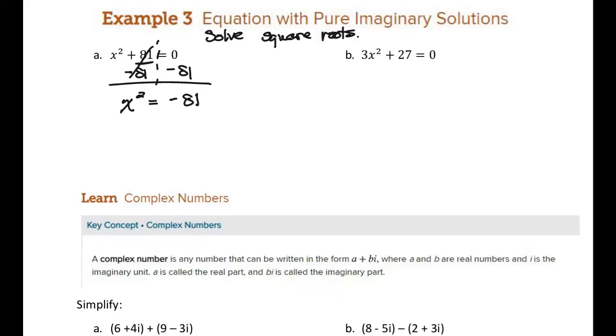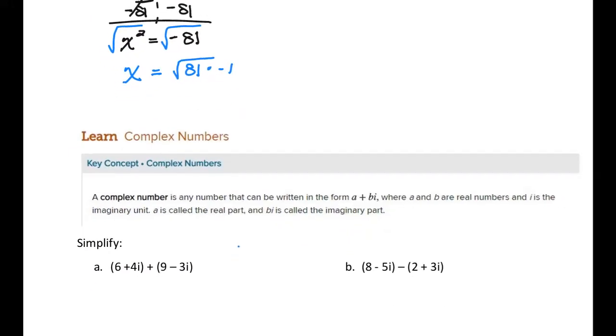Now it's time to break out the square roots. I take the square root of both sides, and the square root of x squared is just x. I am going to rewrite this as 81 times negative 1.